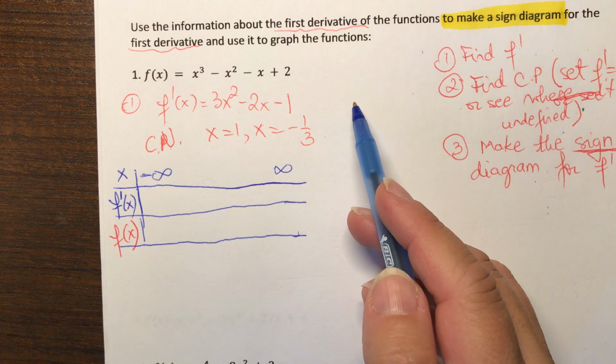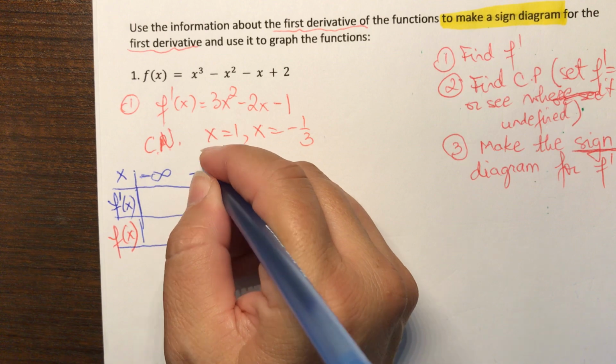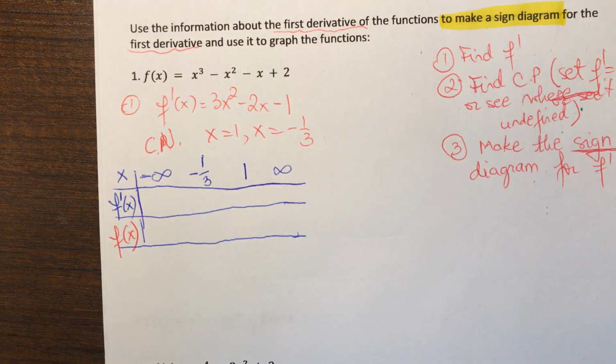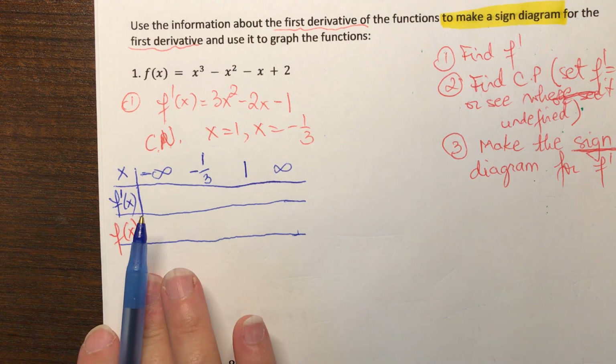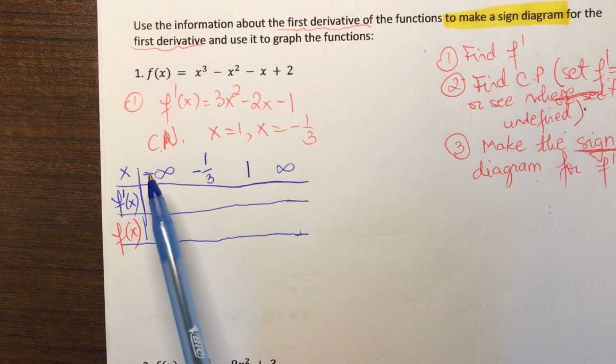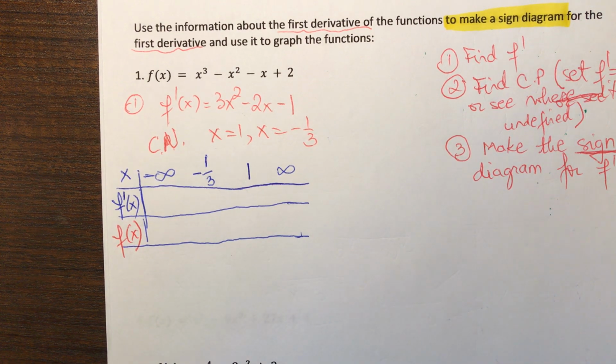The critical numbers. That's where things are happening in your derivative. So you better place these in order as they would come on the number line. So you're not putting 1 and then -1/3, because that's not the order on the number line. First comes -infinity, then -1/3, then 1, then +infinity.